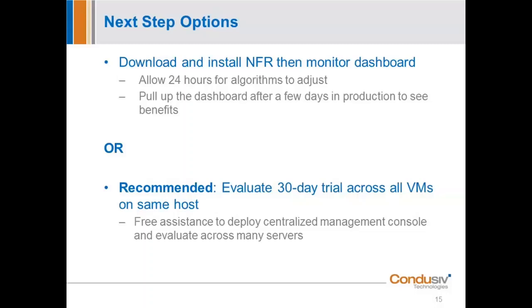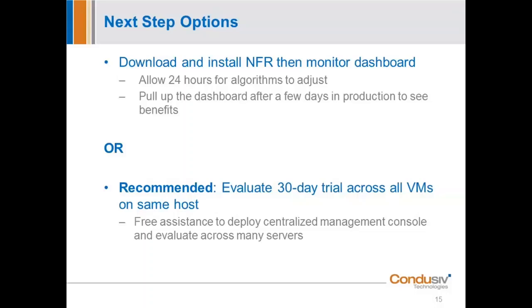And if you would like, we are also very happy to give you a host license and install it across all the VMs on a specific host or hosts. And the reason for that, and it's very important if you think about it, is that let's say there's 7, 10 VMs on a host.